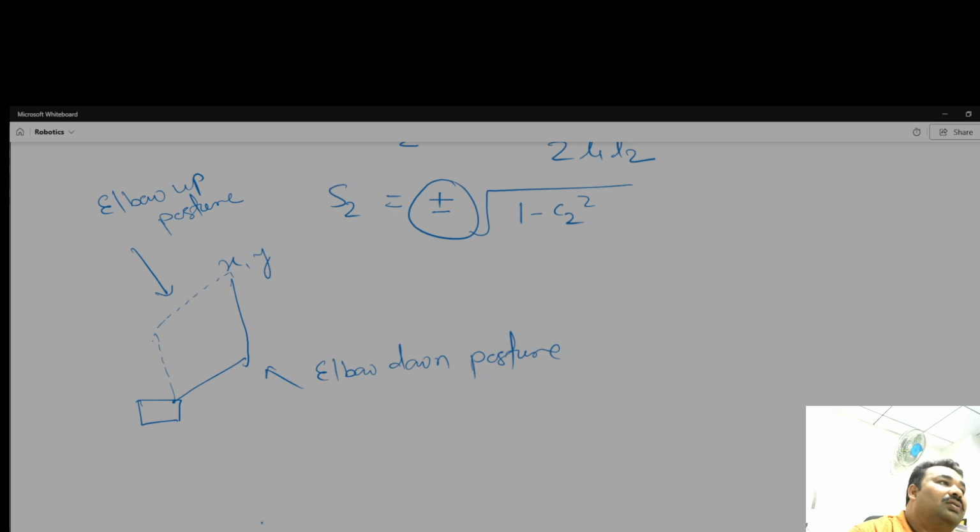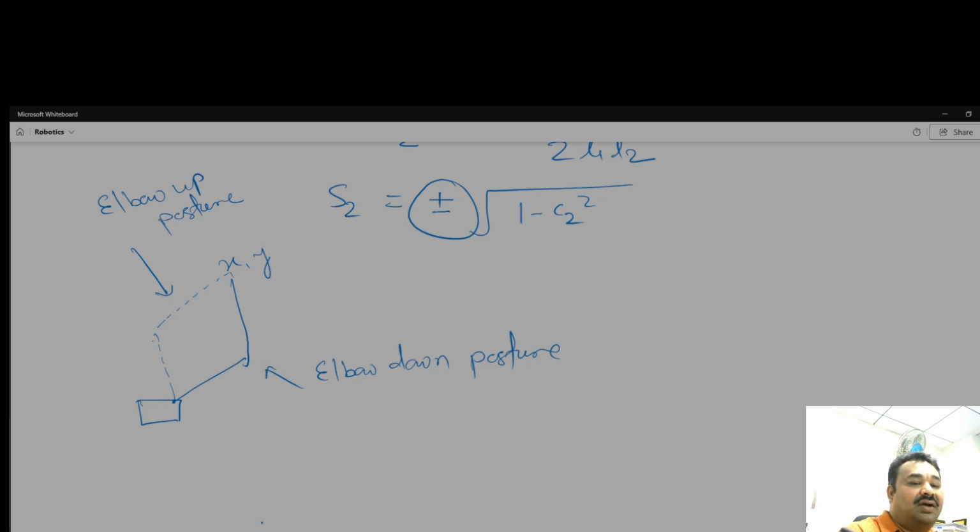Okay, so you can see, to reach x, y, suppose these are the goal points, one way is the elbow down posture and the other is the elbow up posture. So this means we are getting two solutions in the case of a two-link manipulator.